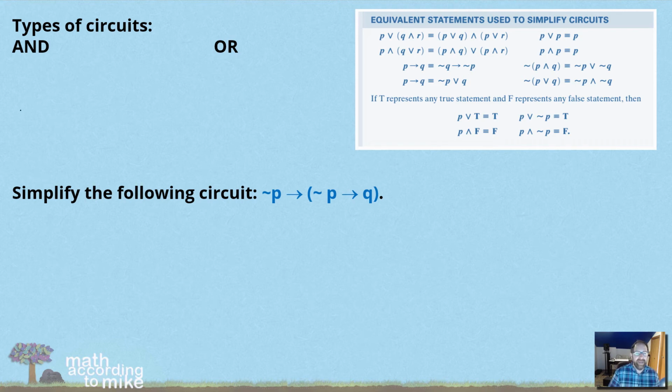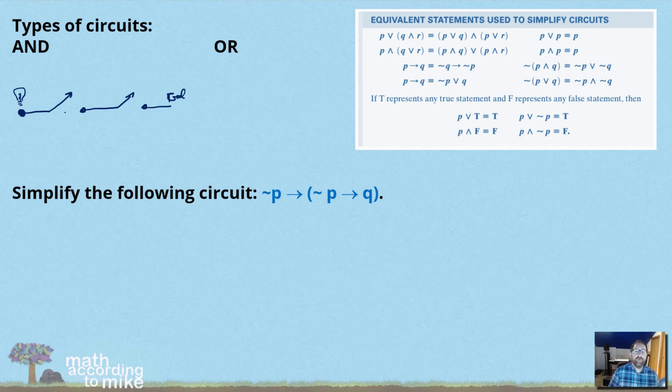You can have an AND gate, and in an AND gate, this would be where the electricity starts, and the electricity is here, and in order for the electricity to get here, I'm just going to write goal.